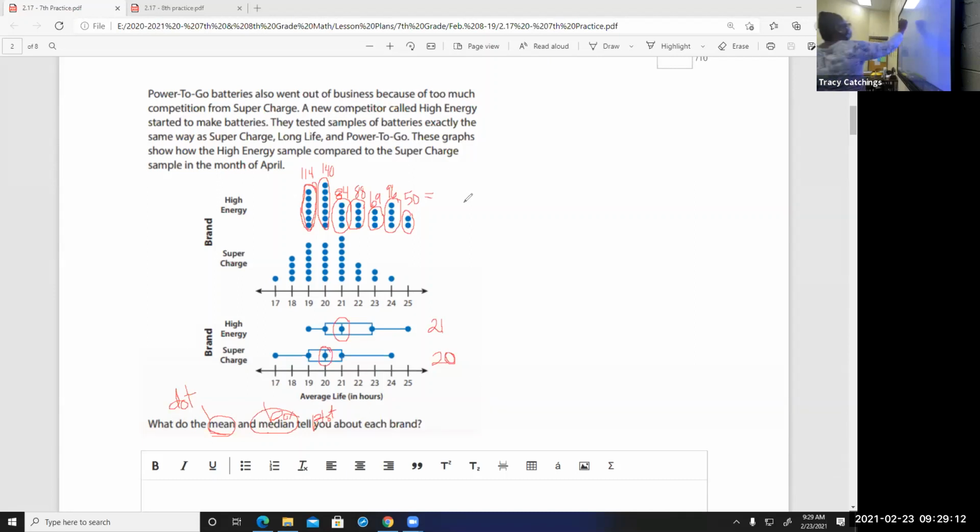All right, and how many total dots do we have? 6, 7, 4, 4, 3, 4, and 2. How much? So then divide that by 30.